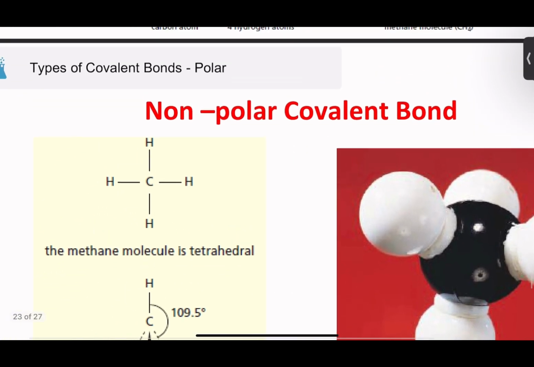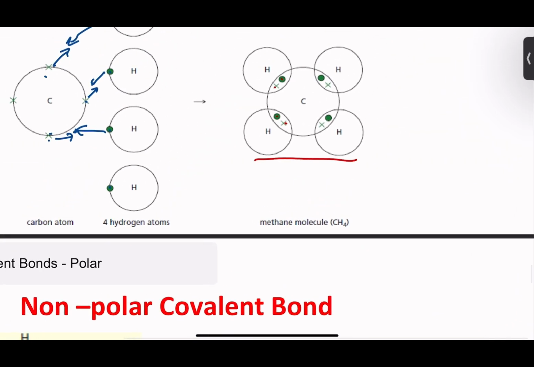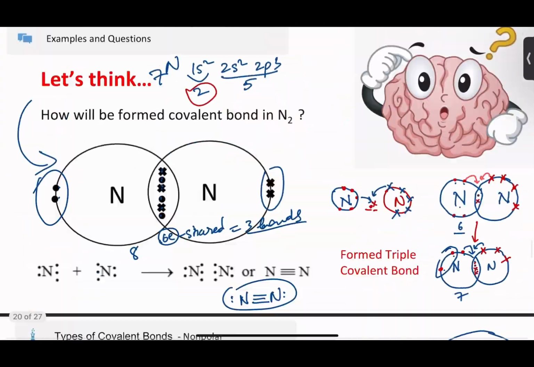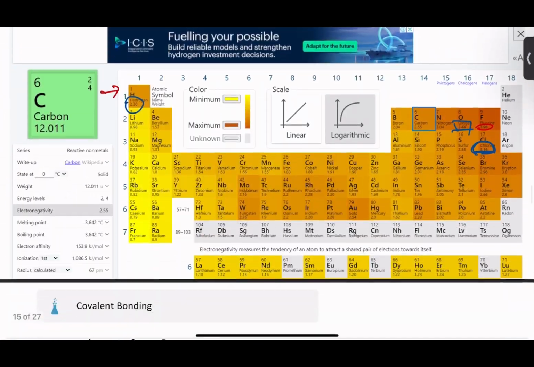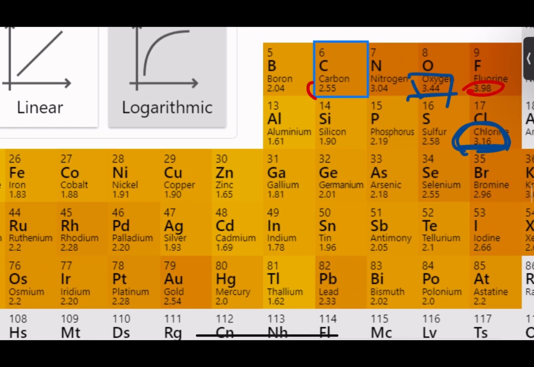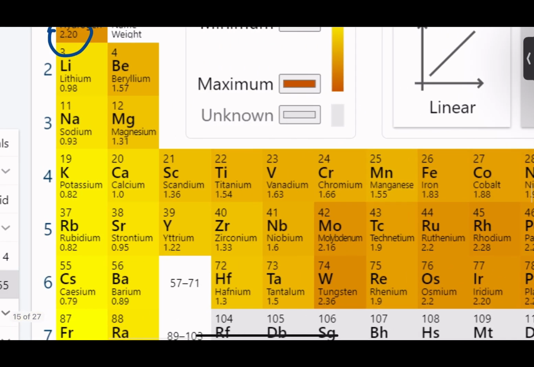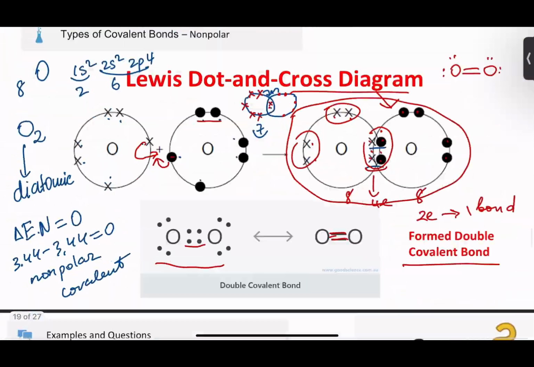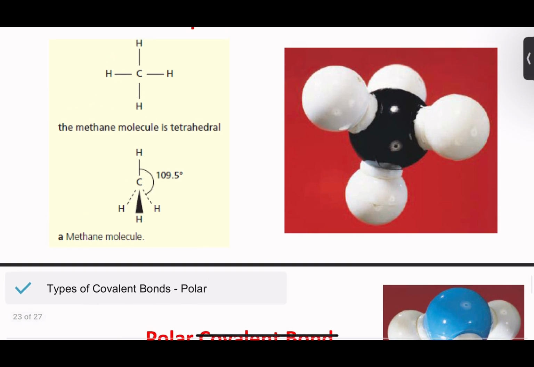Now I want to compare the nature of this one. So carbon, if we go back to here, has an electronegativity of 2.55, and hydrogen is 2.2. So the electronegativity difference is 2.55 minus 2.2, which is 0.35.